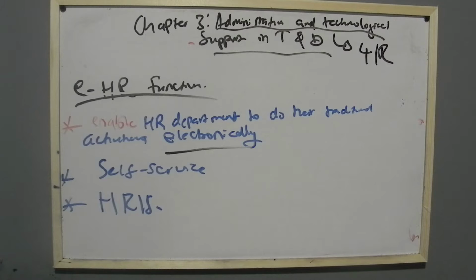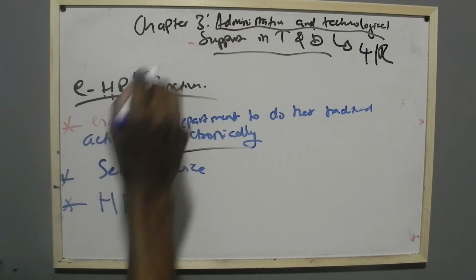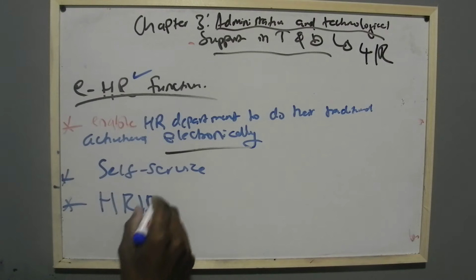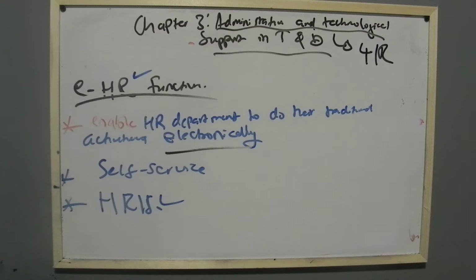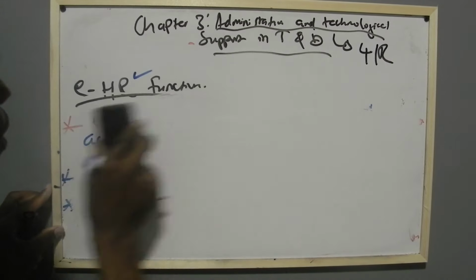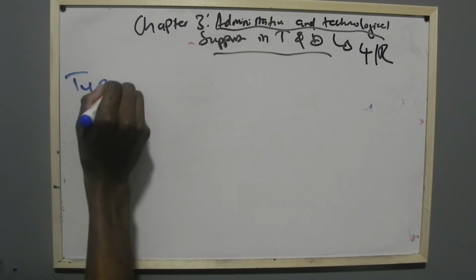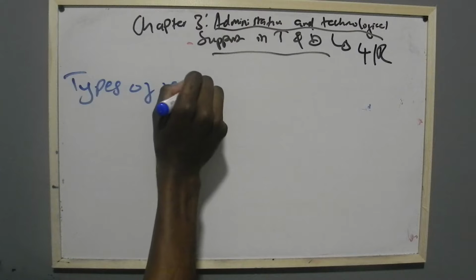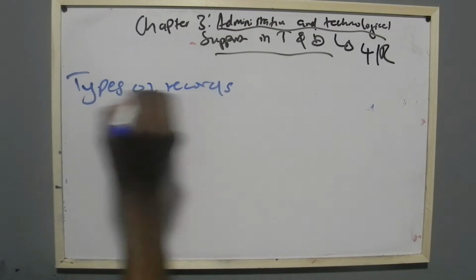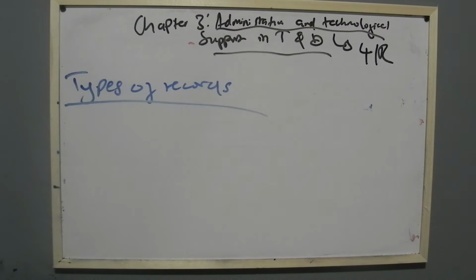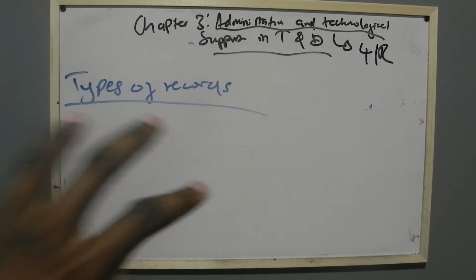Now in this HR function or human resource information system, there are types of records that you need to keep, and it is the organization that decides which records are maintained or retained in that software.